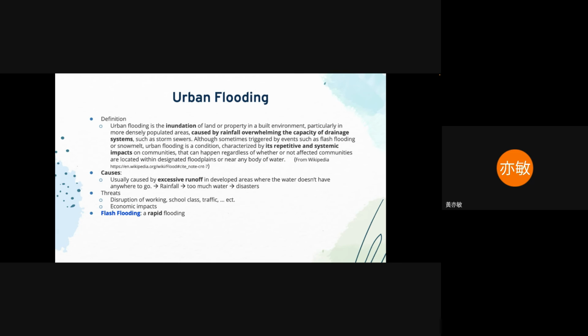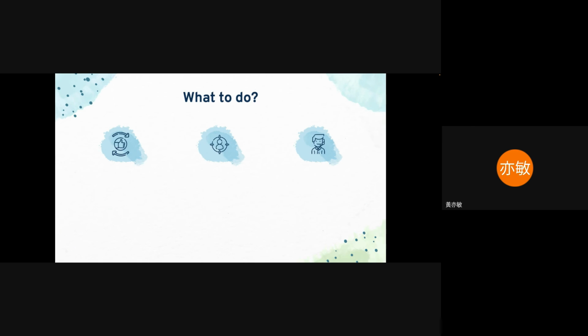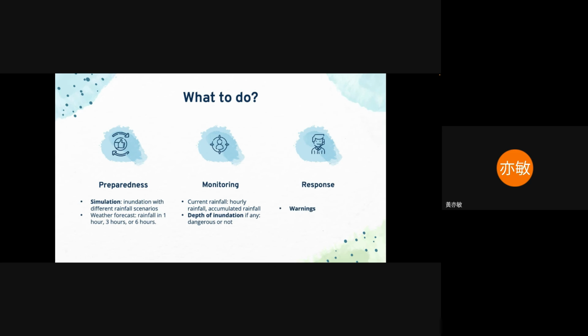You cannot accelerate the flow out of the flooding. You have to wait for the flooding to disappear with time. So that is why today whenever we sense something about flooding to occur, we need to know the situation as early as possible.